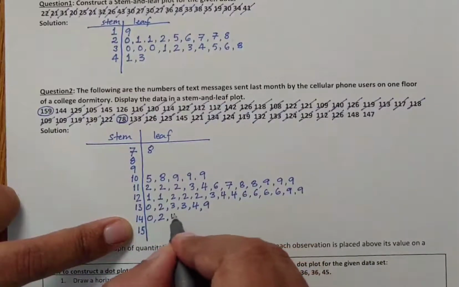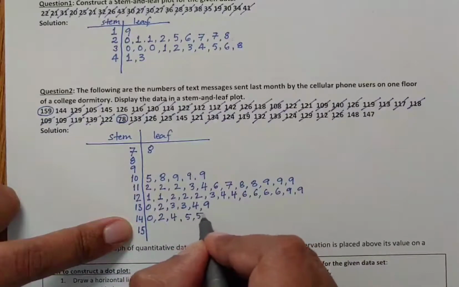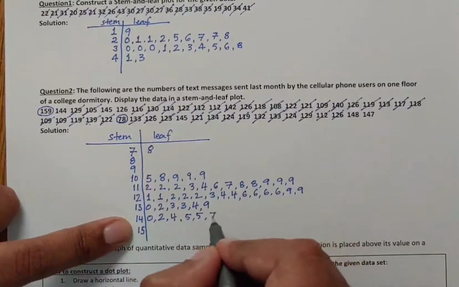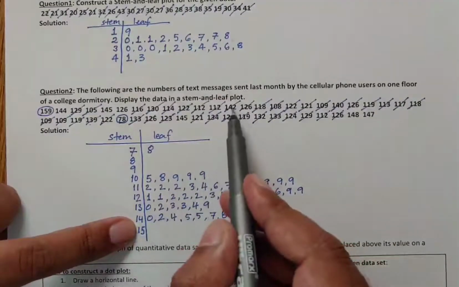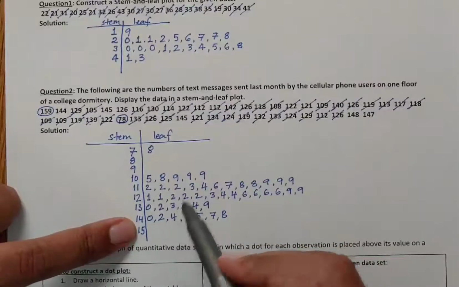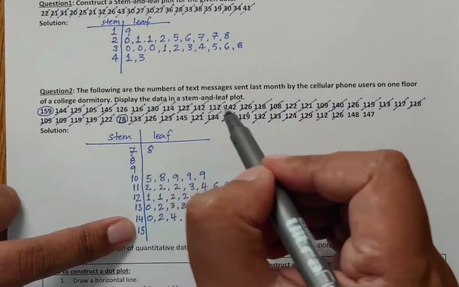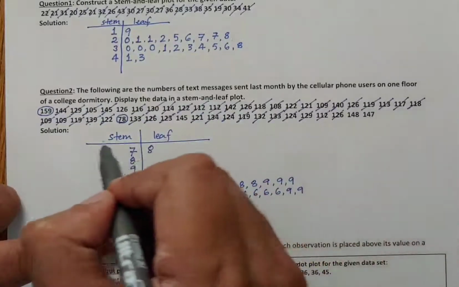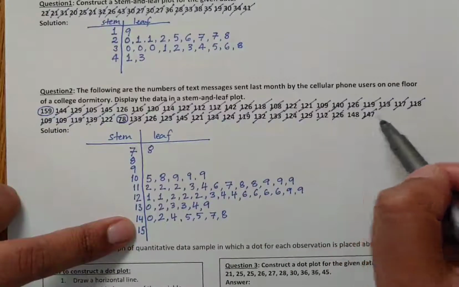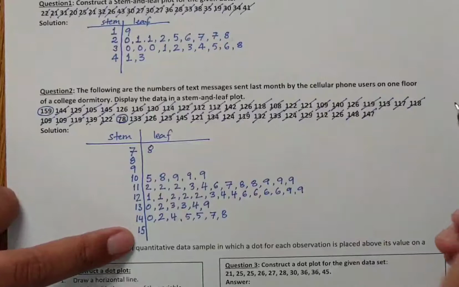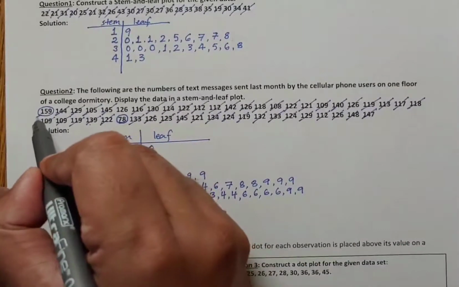Then we have 144, 144, and 145, 145, and 147, and 148. Okay, and in the 150s, we got 159.